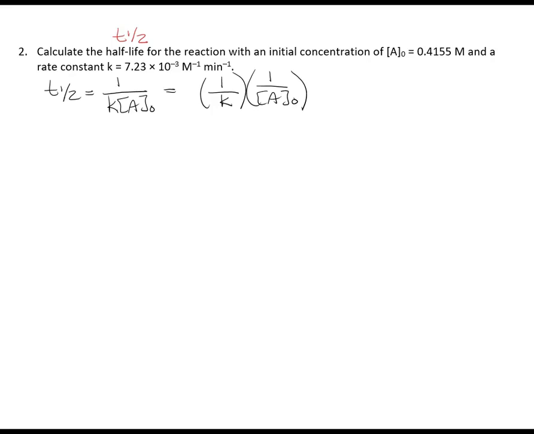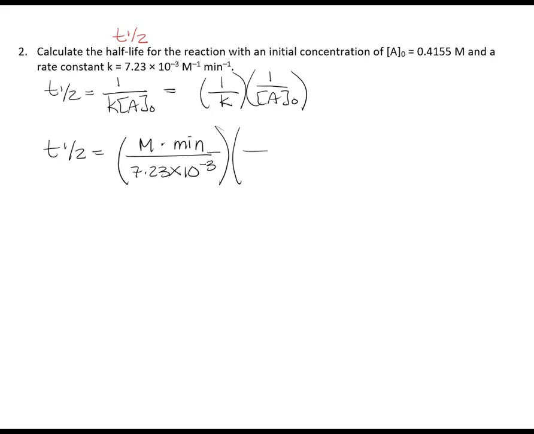That way I have clear numerator and denominator units for K, and there won't be any chance that I'll forget to cancel units. So T 1/2 equals 1 over K. So the K will start in the denominator, 7.23 times 10 to the negative 3, inverse molarity, inverse minutes. So both of those units will go to the numerator, so it's molarity times minute.